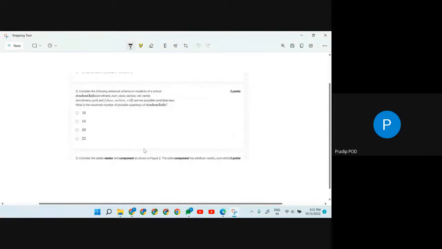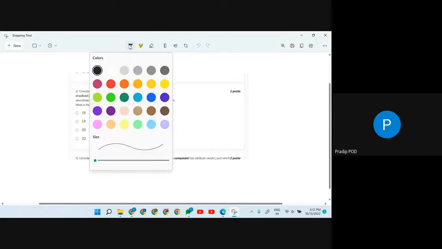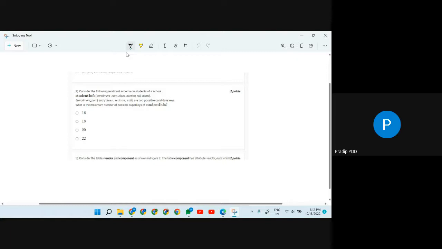So first, let me discuss what is a candidate key, what is a super key, and what is a primary key.